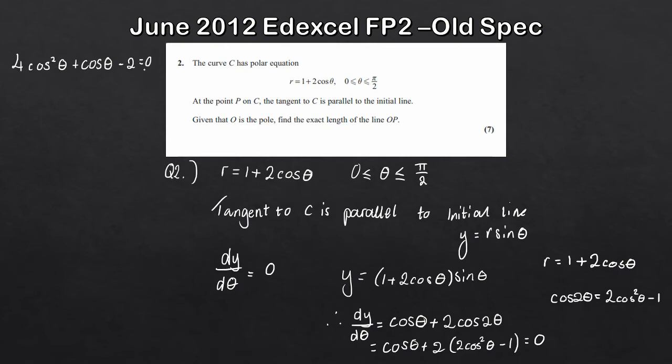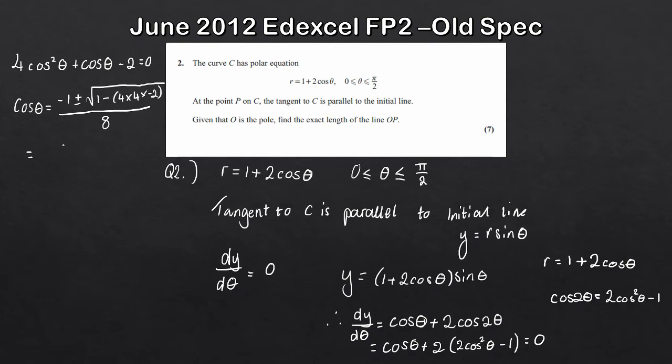Now more often than not, you will just have to use the quadratic formula here just to solve this. So what we're solving here is for cos theta, this is equal to minus 1 plus or minus the square root of 1 minus 4 times 4 times minus 2, all divided by 2a here, divided by 2 times 4, which is 8.